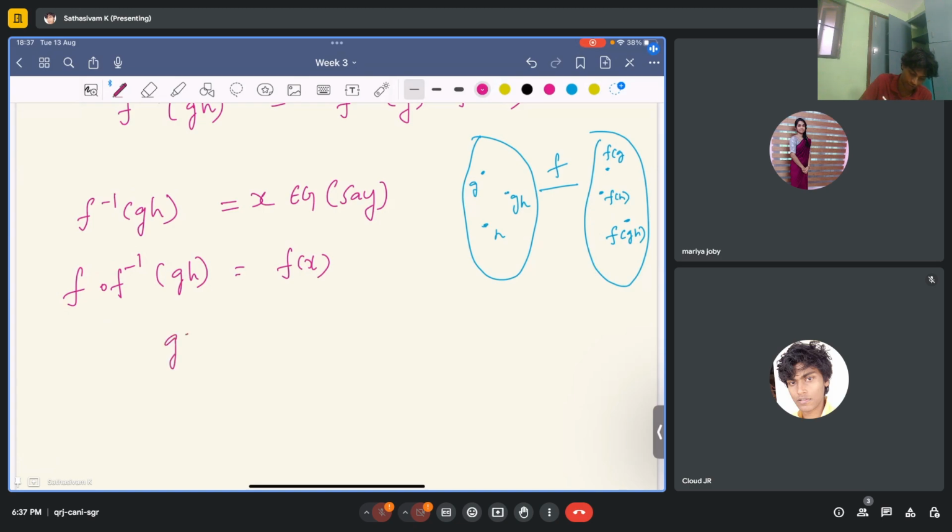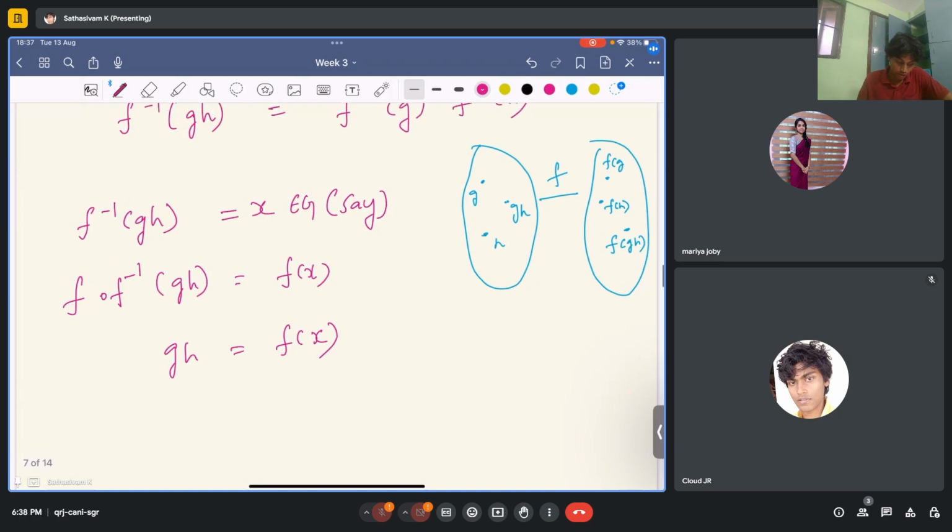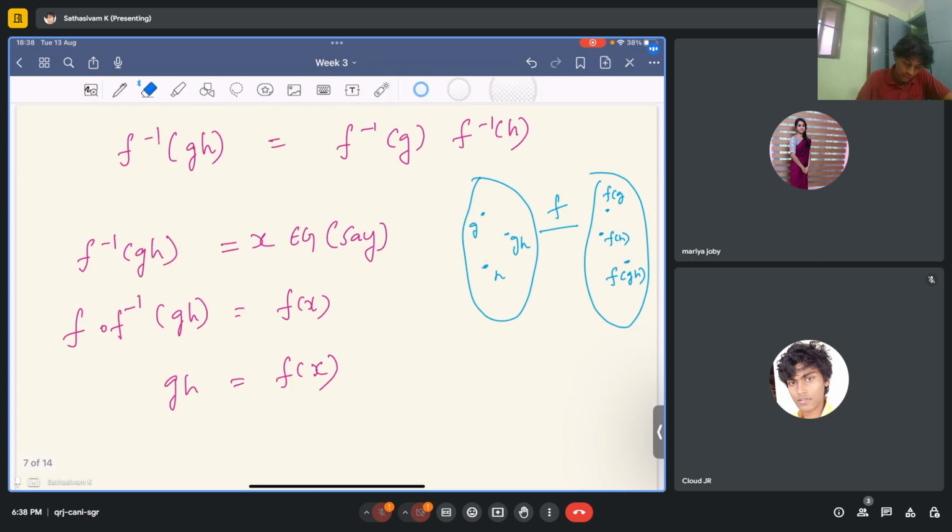So what you have is GH is equal to F of X. Okay. So probably I need to change these symbols here. Just the name I will change here. So let's say this is GH, and so this is EX.